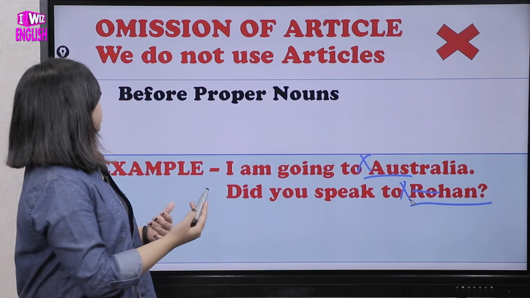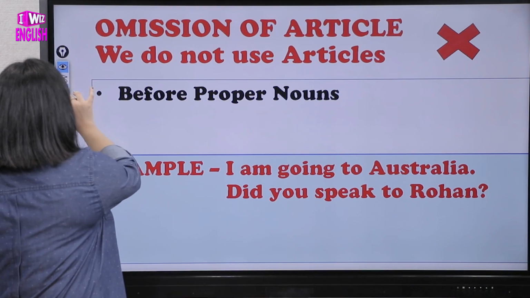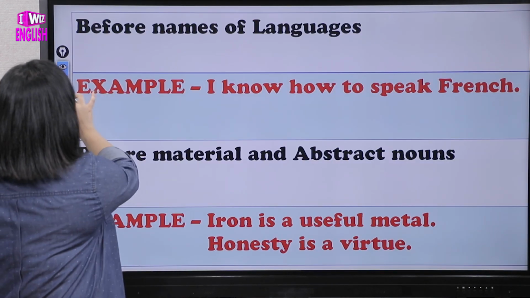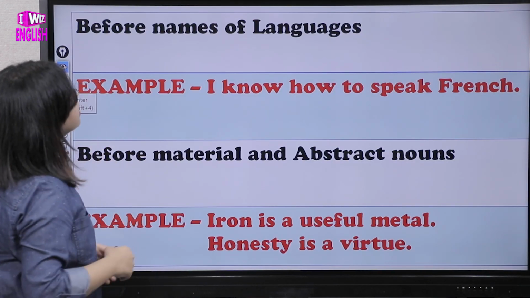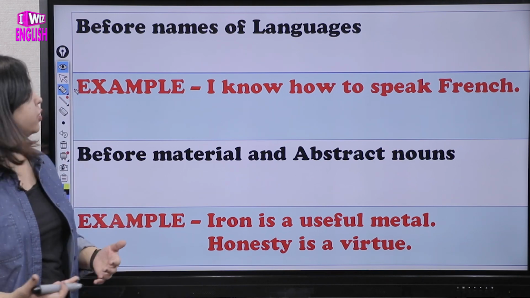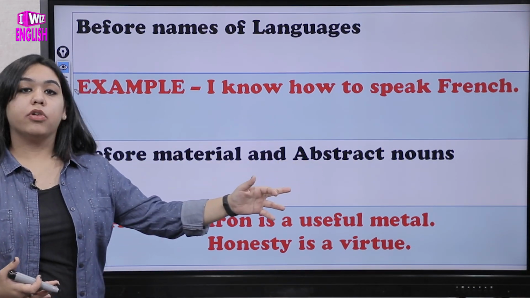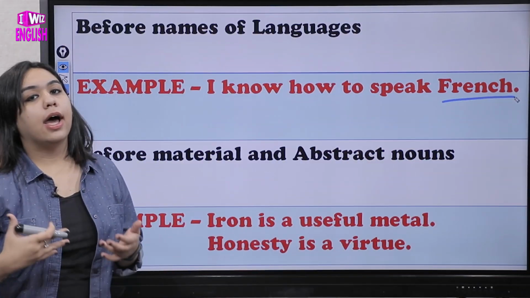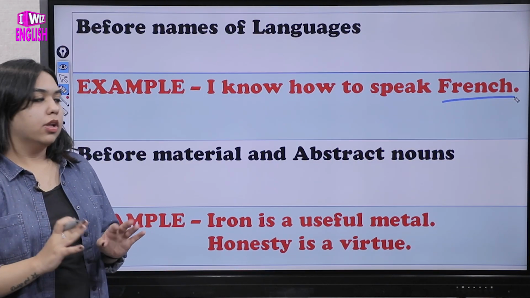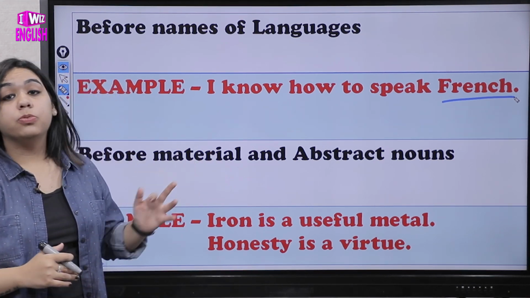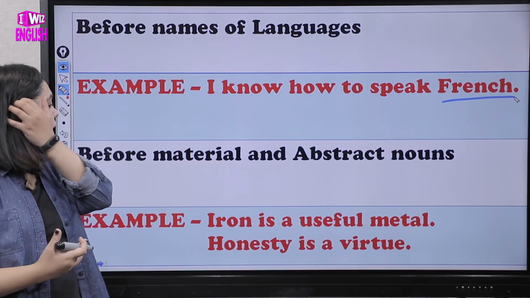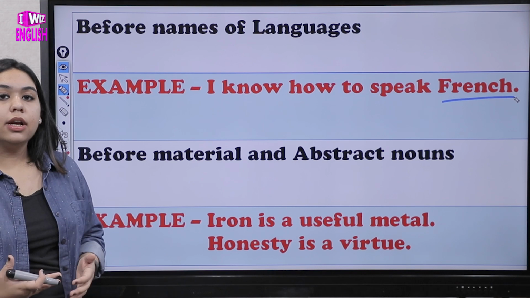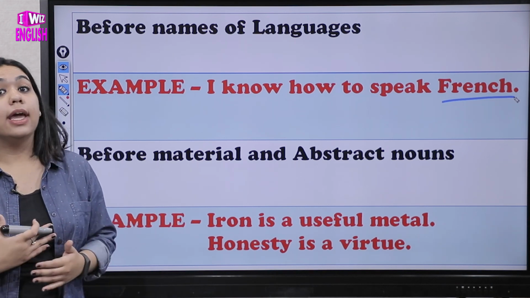Let's move on. Where are the areas where we are not going to use articles? Before the names of languages. I know how to speak French. Now French is a language. I will never say "an" or "the French". Simple. Now, before material and abstract nouns, whenever you use material and abstract nouns, you are never going to use any article.